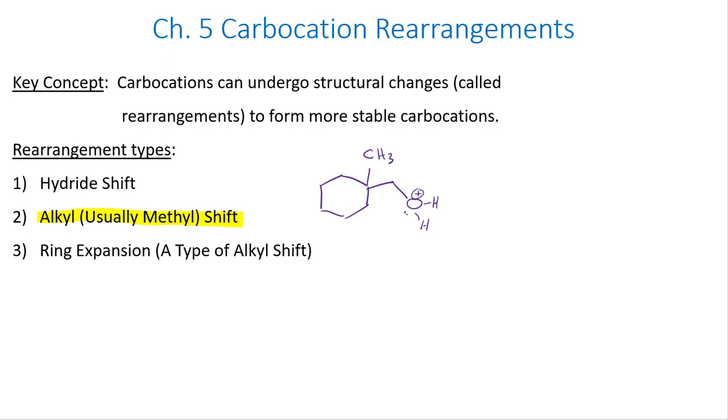For example, we have a case here where the carbocation would be primary if it formed, because the carbon that bears the leaving group has only one other carbon attached, in this case the carbon from the ring. That carbon, however, is quaternary, has no hydrogen, so it's attached to four other carbons, or 4 degree, and so it can give up one of those bonds to the carbon that bears the leaving group.